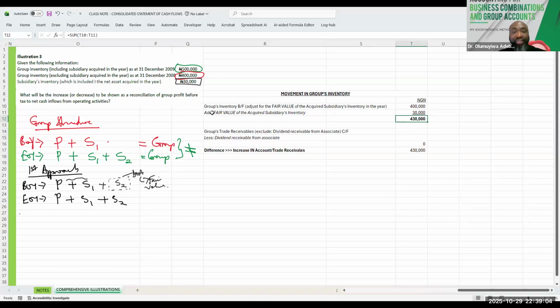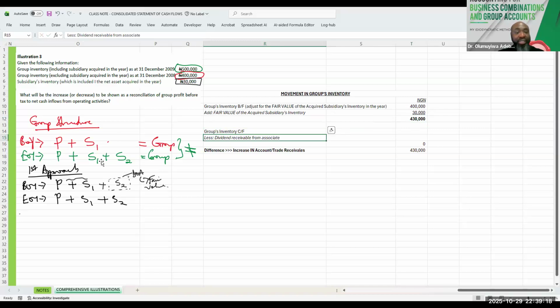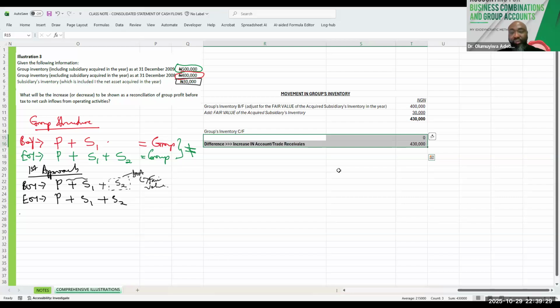We will now compare that with the closing inventory, which already has P, S1, and S2. At that point, it makes it comparable. And what is that? 500.